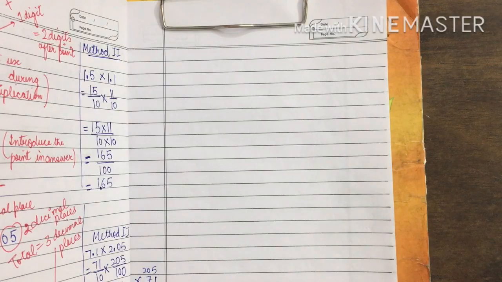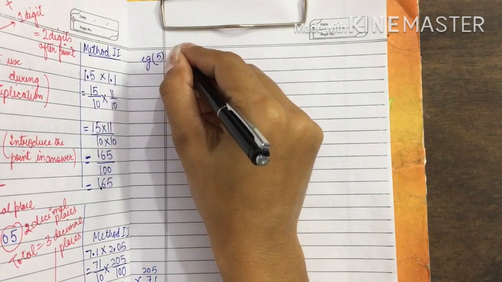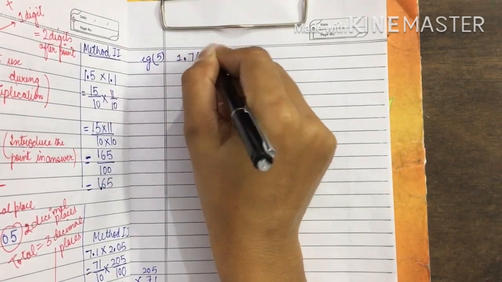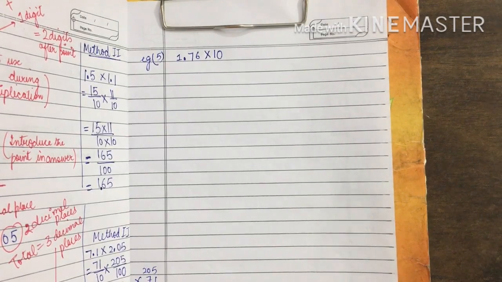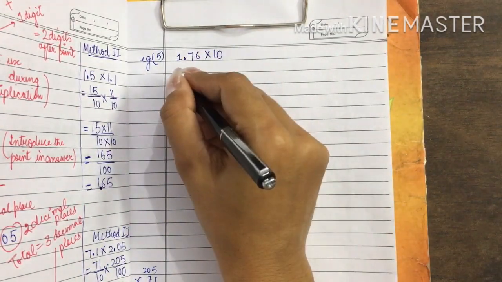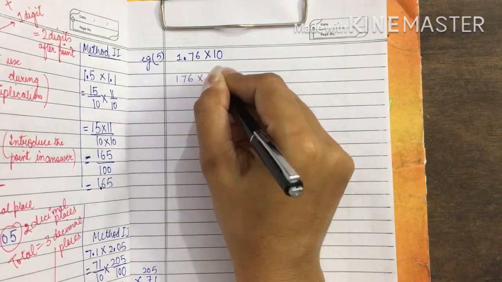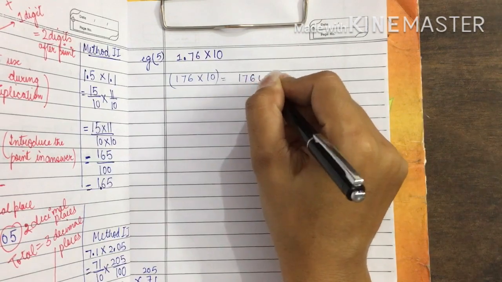Now we are going to see how we multiply a decimal number with 10, 100 or 1000. Example number 5. Let us say we have to multiply 1.76 into 10. Now what I want you to do is imagine this without the point. So imagine this as 176 into 10. So the answer for this will be 1760.